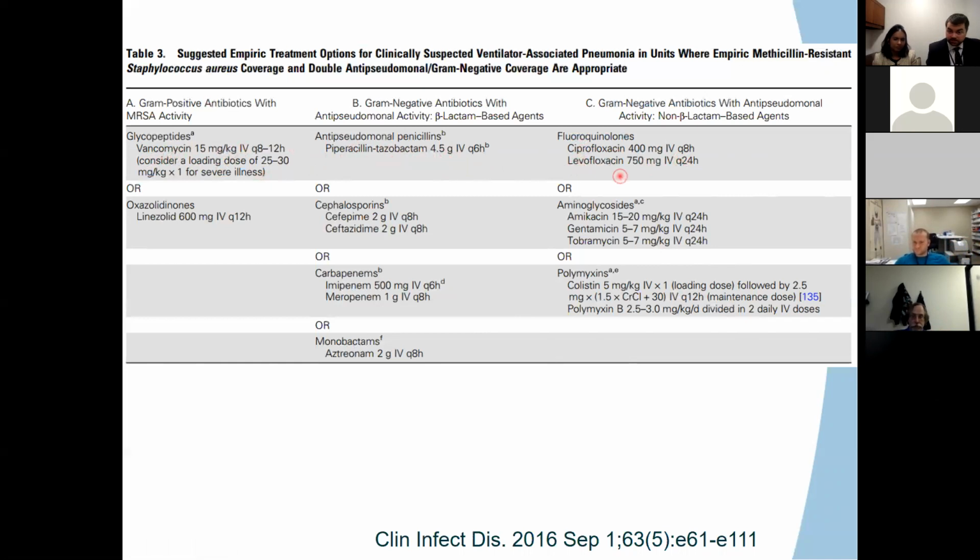You can see in this instance it's actually a different reason for giving levofloxacin. Here, the levofloxacin is to double cover for Pseudomonas, whereas in community-acquired pneumonia going to the ICU, the levofloxacin is for Legionella. And again, if you have an antibiogram and you know your antibiogram is 96% for Zosyn, then you may not need to give double coverage for Pseudomonas.